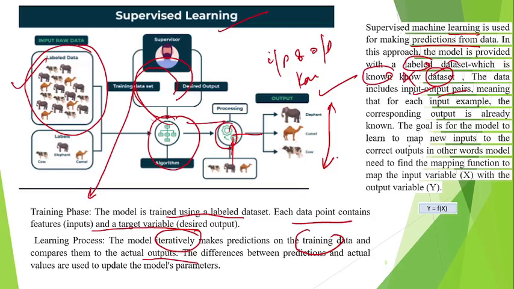The goal is to find the best model to map input to output, that is, to find this F. This is the algorithm or machine learning model. In other words, the model needs to find the mapping function between input and output. This is our supervised learning.